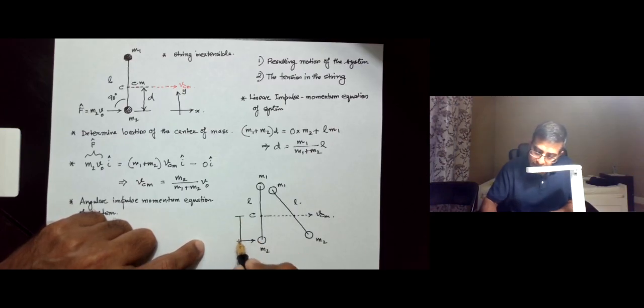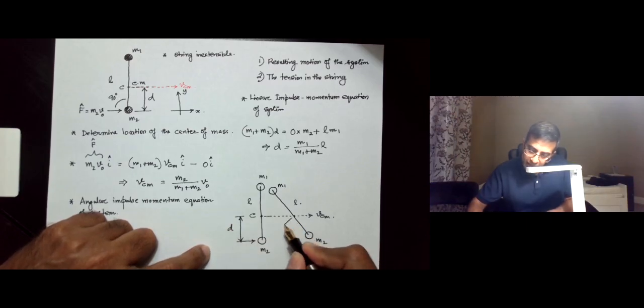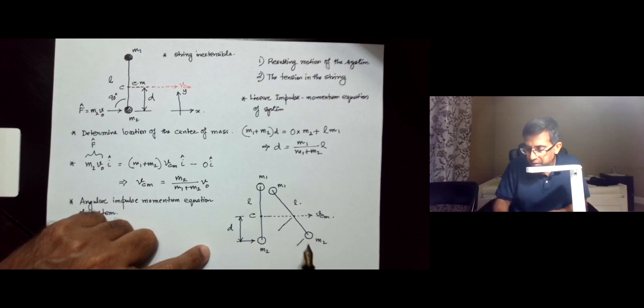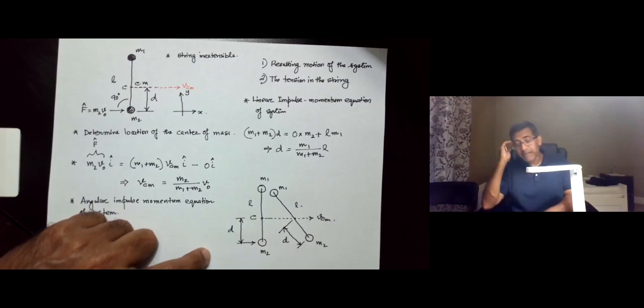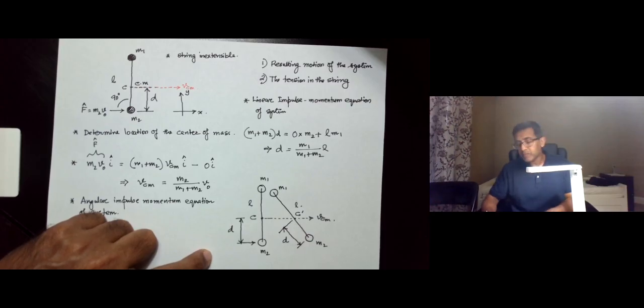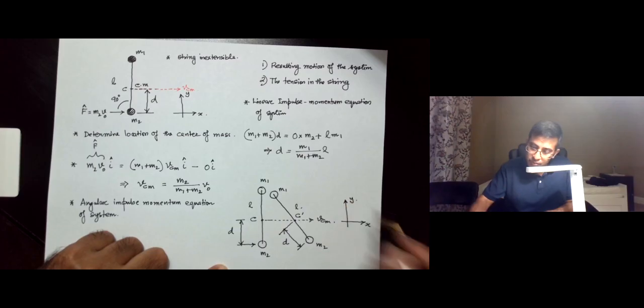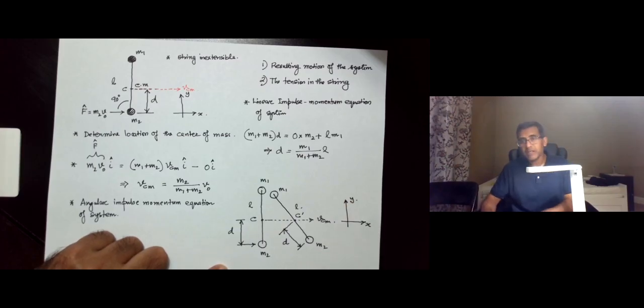The distance of the center of mass to M2 was D, and that distance is of course going to remain, because clearly the masses are not changing. If the center of mass has moved to this point, keep in mind that we have said the center of mass will keep moving in the horizontal direction, the x direction, with a velocity vcm.